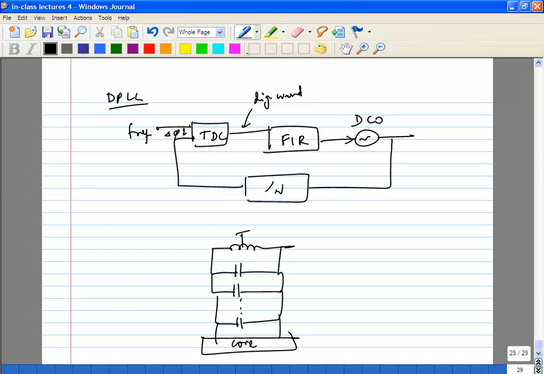Let's take some typical values for L and C. Let's say L is 0.5 nanohenry and C is 4.5 picofarads. F naught is 3.6 gigahertz. Let's say you want a resolution of a couple of kilohertz at this frequency.